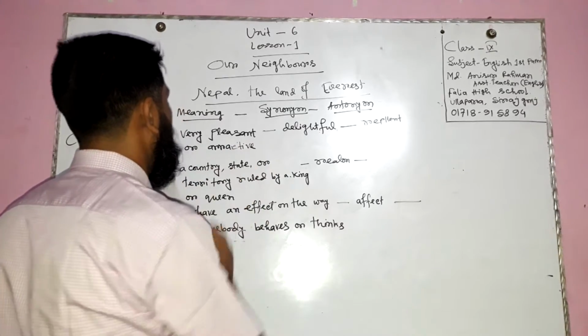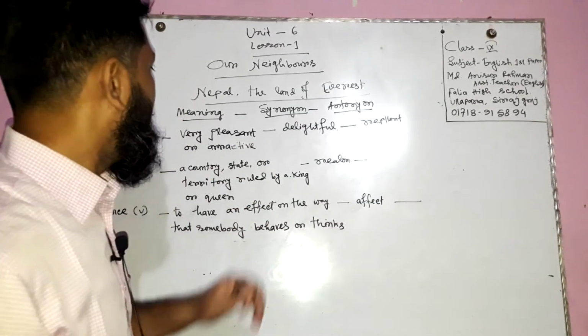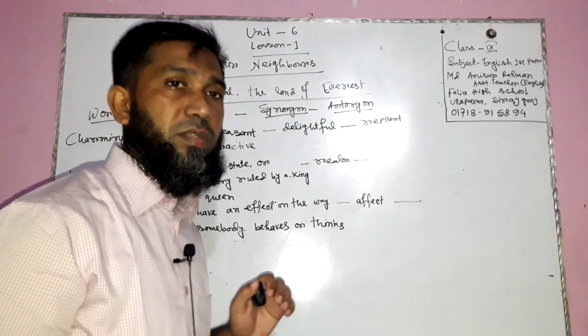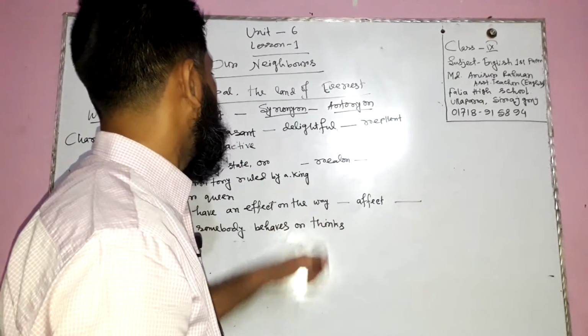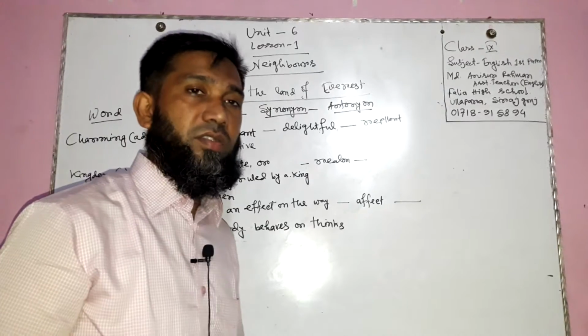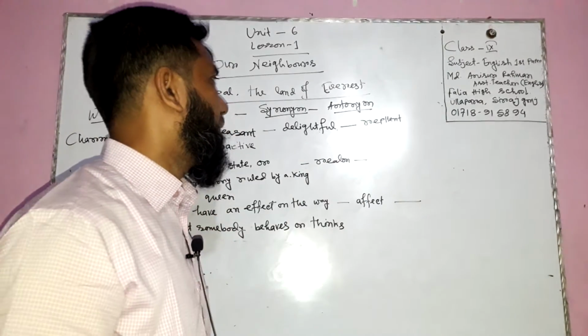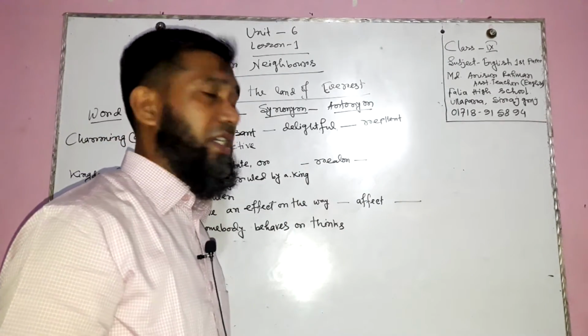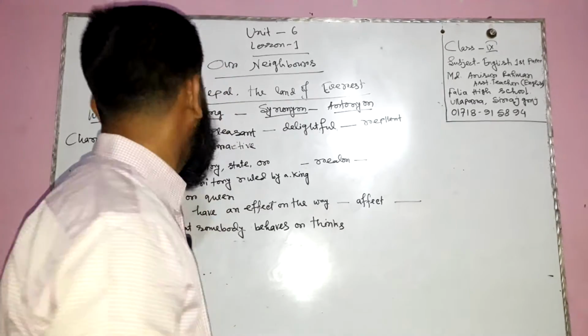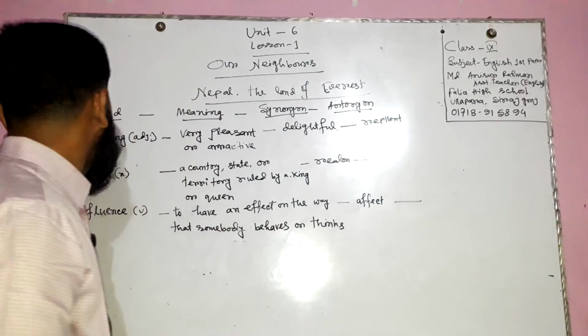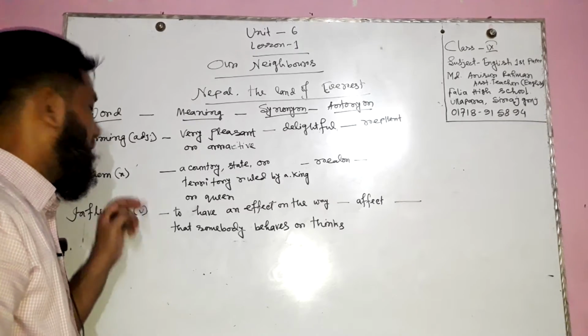A-T-T-R-A-C-T-I-V-E, attractive. The meaning of charming is very pleasant or attractive. The synonym is delightful, and the antonym is repellent. Then kingdom, it's also a noun.